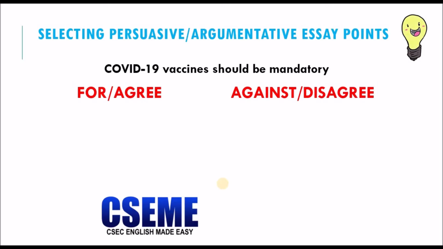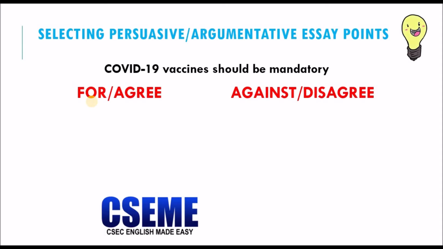So let us brainstorm. In our column 4, we agree, meaning that we say wholeheartedly that COVID-19 vaccine should be mandatory, right? What are some of the reasons why you think the vaccine should be mandatory?